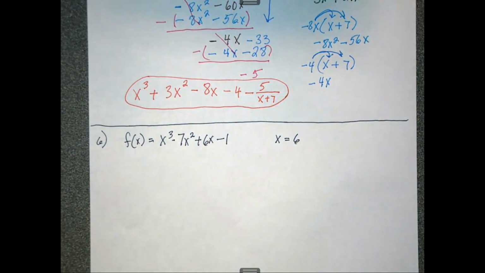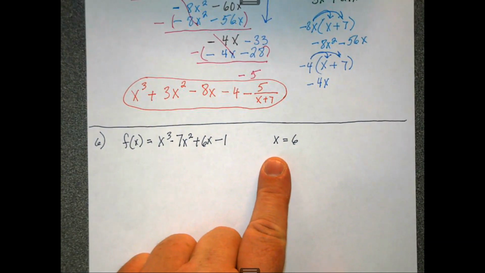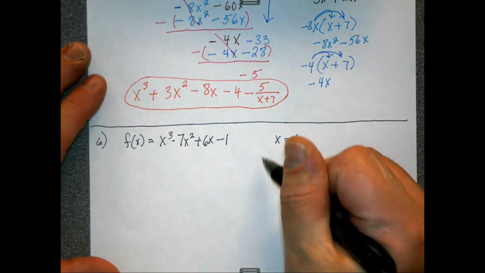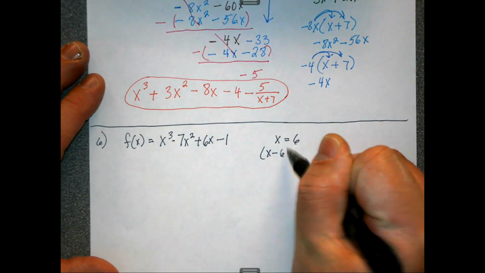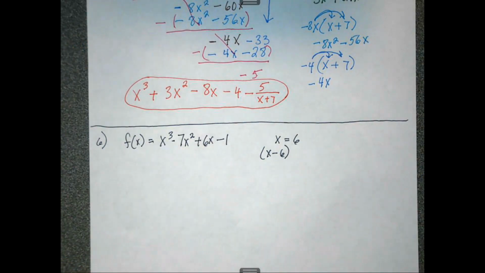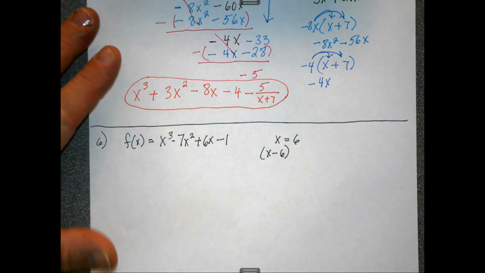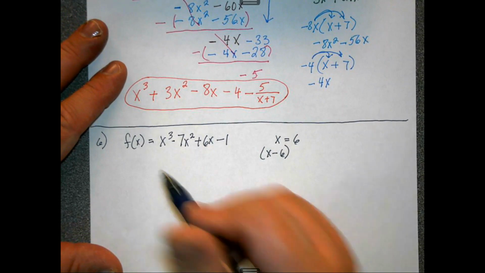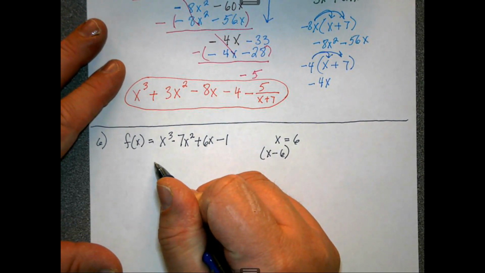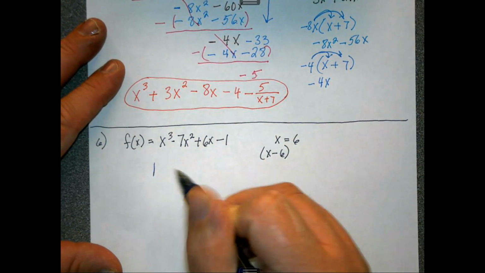Okay. So what's my factor here? My factor would be x minus 6, right? In case we have a remainder, we have to use the factor, right? Okay, my coefficients. Coefficient of x cubed, 1.